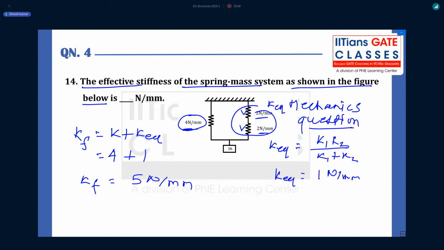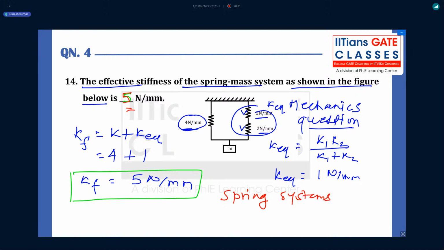So what is the answer, guys? It is 5 Newton per mm. Clear? Any doubt in this? Again, guys, I am saying there are multiple questions based on spring systems in GATE Aerospace.